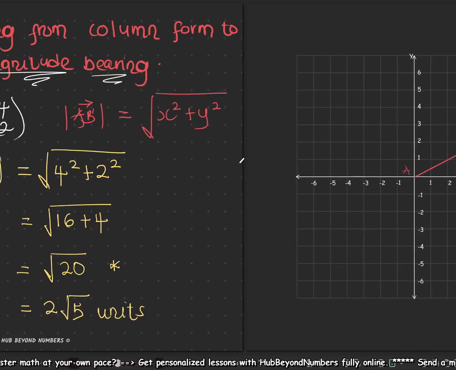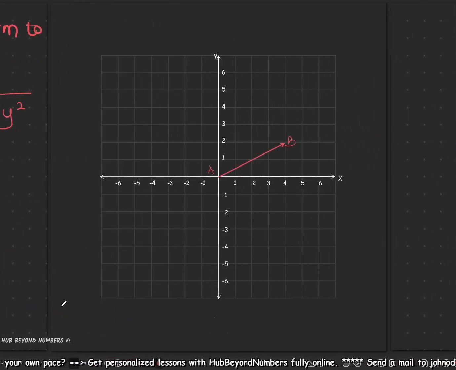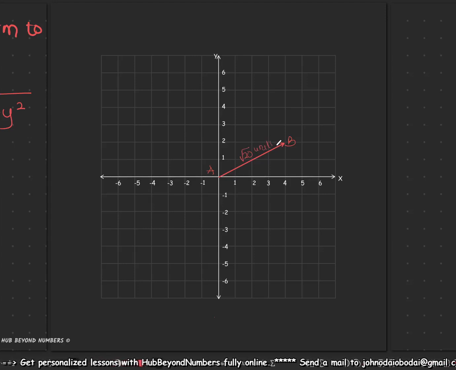From here, we said the magnitude was what? 2 root 5, or let's just write root 20 as it is, so root 20 units. But what is its angle? That is where you take your protractor and measure this angle here.